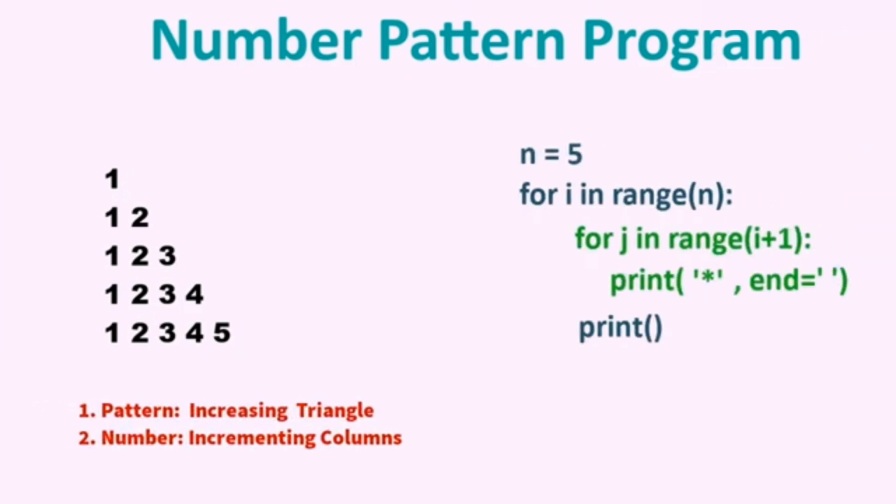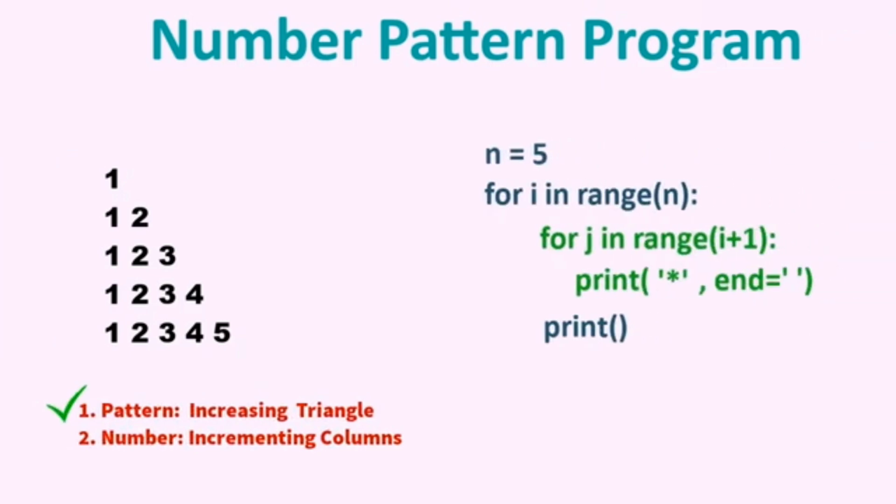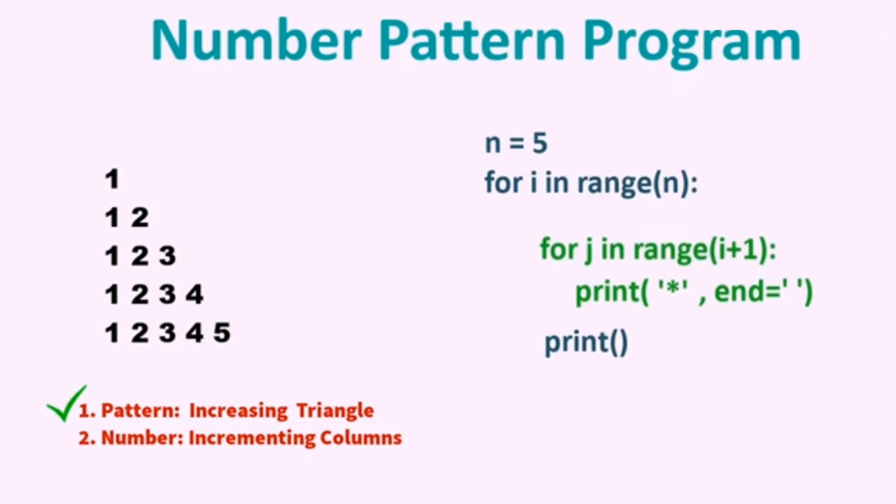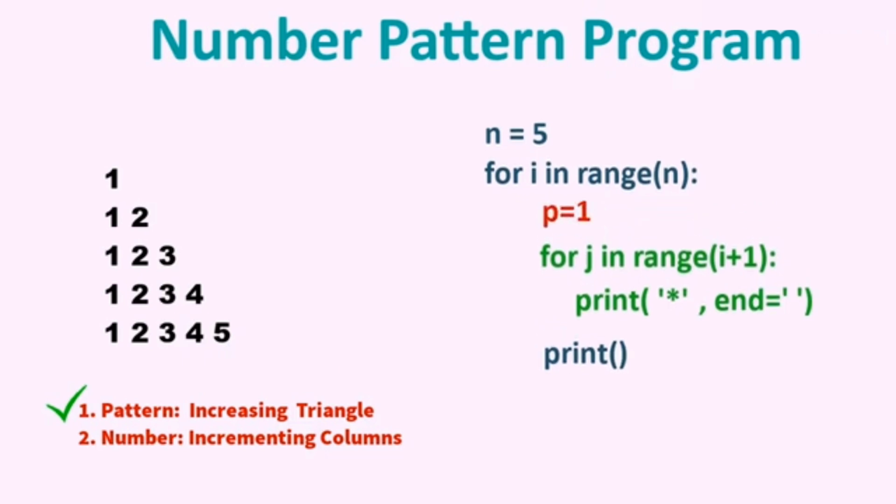Let's take this one as an example. We first get in the code for the increasing triangle star pattern. So when columns get incremented, instead of initializing p outside the outer loop, we initialize it as soon as we enter the loop. The moment we enter the loop, we initialize our variable p to 1.